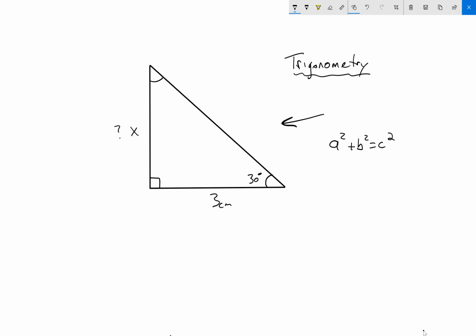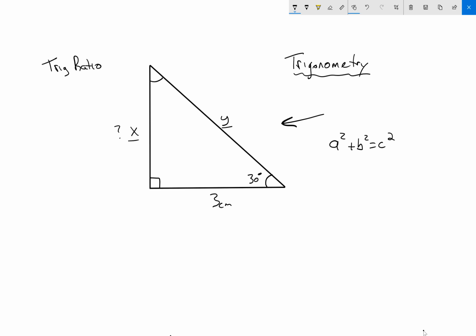Well, guess what? You can actually use what's called a trigonometric ratio, or for short, a trig ratio, to figure that out. We can find the side length if I have the angle and the side. In fact, if I have one angle, this angle here or that angle there, and one side length, then I can solve the whole triangle for all of the side lengths.